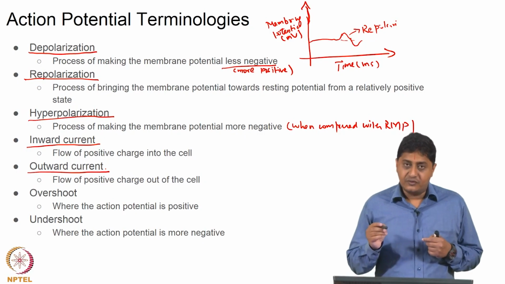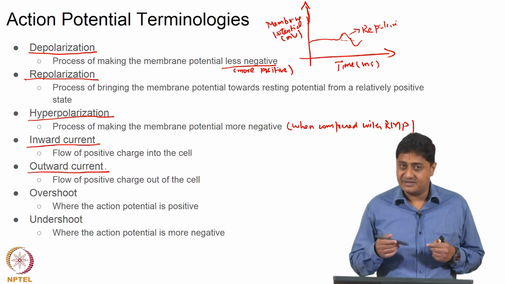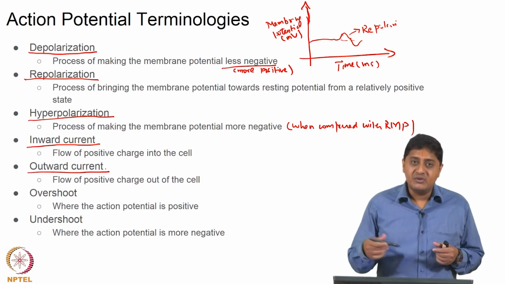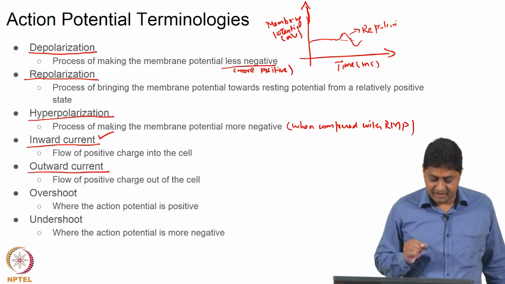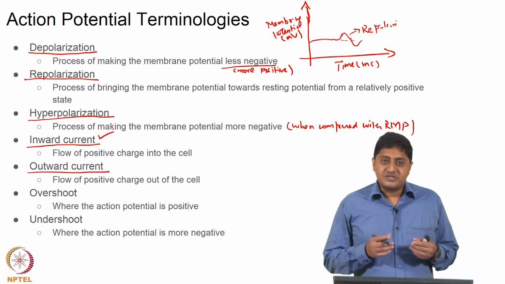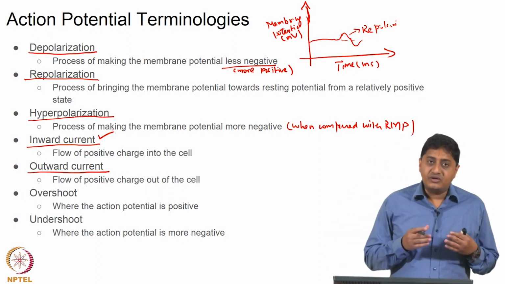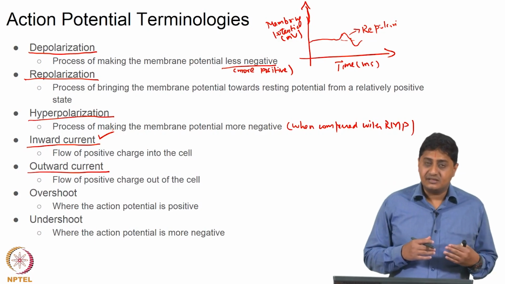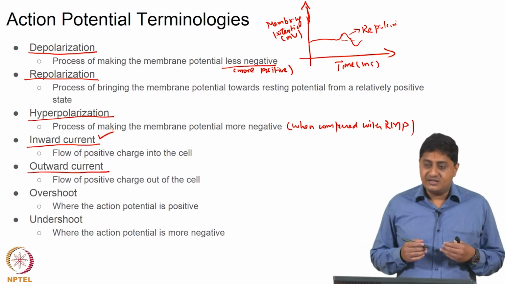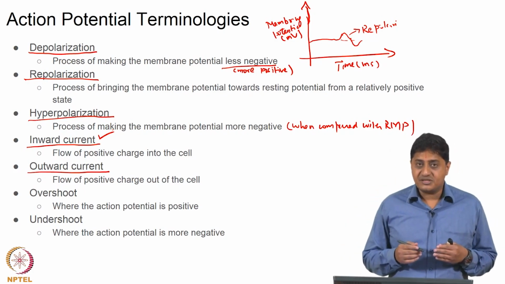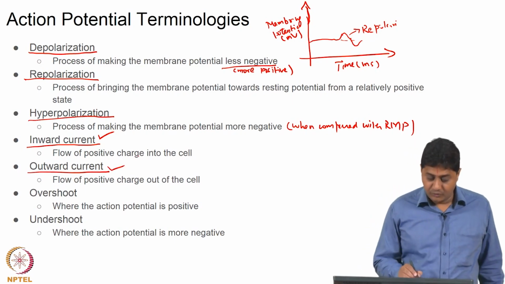The amount of sodium outside the cell is more than the amount of sodium inside. Because of this, sodium will enter the cell from outside, and that is an inward current. Let us suppose a potassium channel is open. Let us also remember that the amount of potassium inside is greater than the amount of potassium outside. That will lead to flow of potassium from inside to the outside when the potassium channel is open. This is called an outward current.